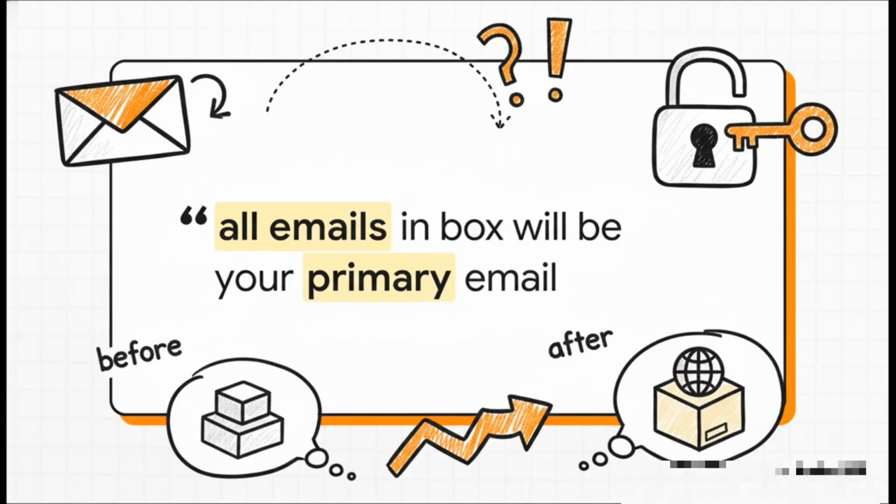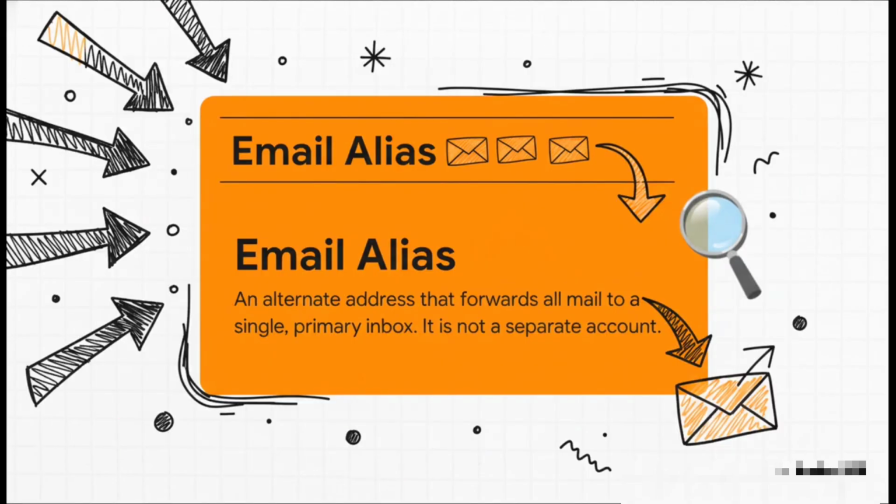And here it is. Tucked away in the source material is this one little sentence that unlocks the entire secret. It says, all emails inbox will be your primary email. This one line changes absolutely everything. We're not talking about creating new accounts at all. What that quote is really describing is a built-in Gmail feature called an email alias. See, you're not actually creating new accounts.